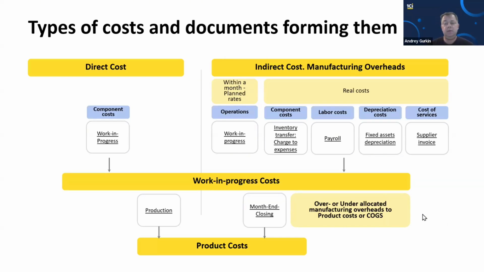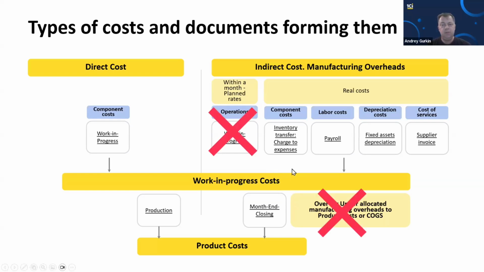And then after or during month-end closing, we're using this proportion, and depending on whether it's more or less, we can forward transfer those differences to the product cost or to the cost of goods sold. And then in the end, we have the final full cost of the products.